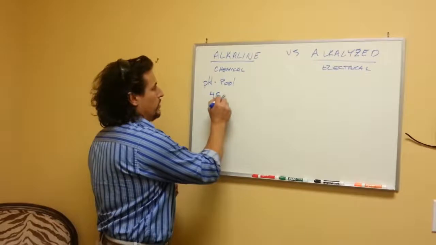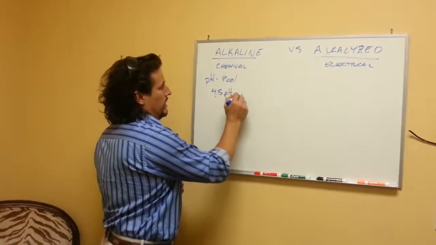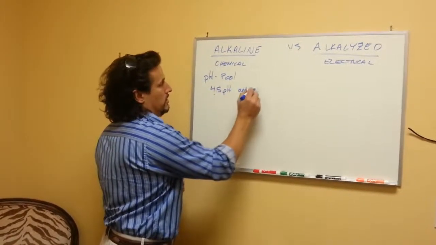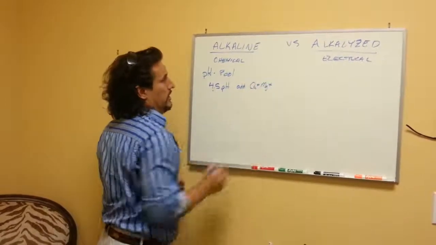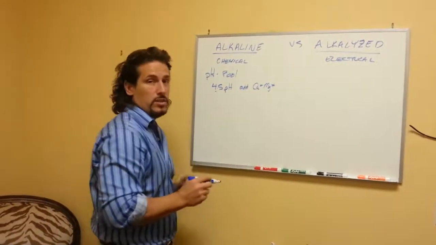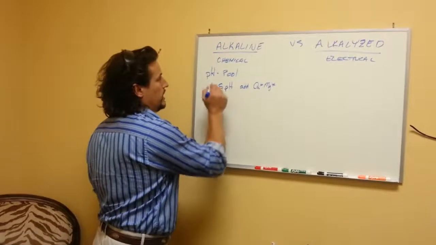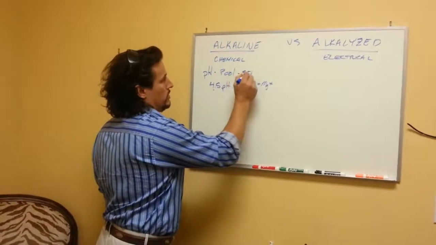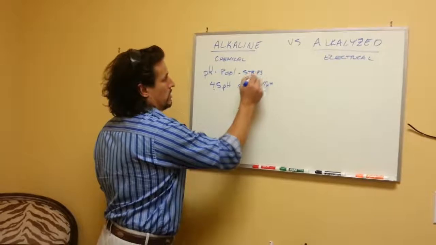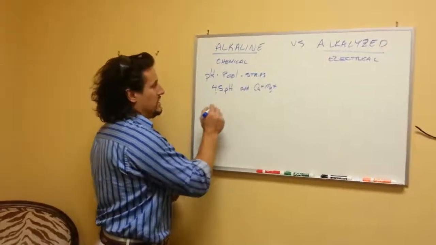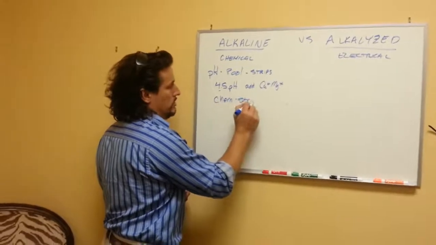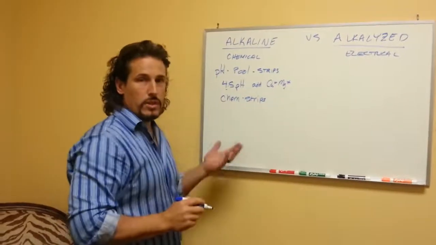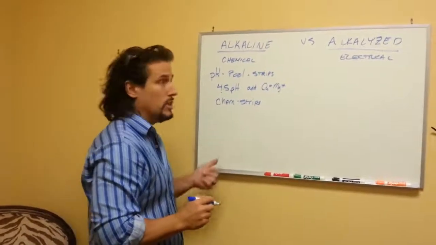Well, with a pH of 4.5, you would then add either calcium or magnesium or something like that to increase the alkalinity. What the pH strips are looking for, they're actually known as chem strips, which means they're looking for a chemical composition change.